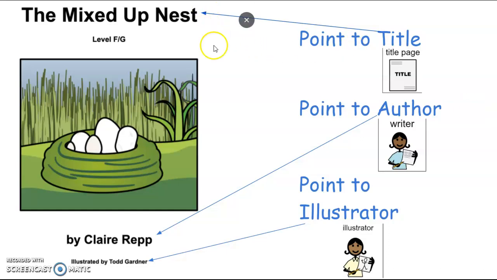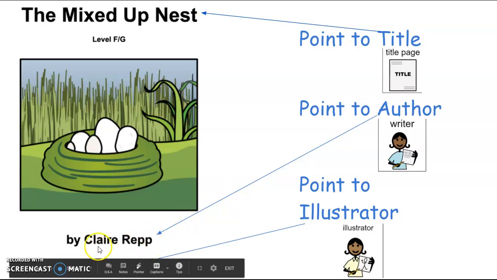All right, and this is our title page, friends. Can you point to the title of the story? The title of the story is The Mixed Up Nest. Can you point to the author? That's right, our author is Claire Rep.